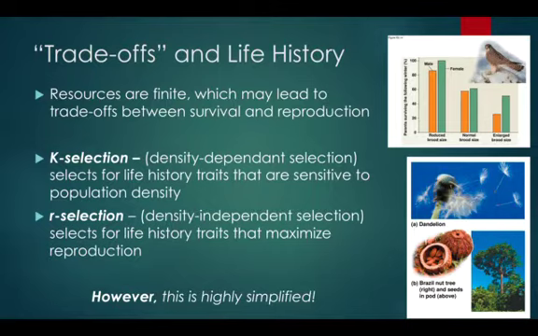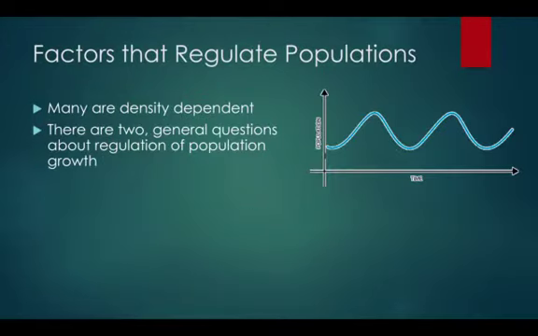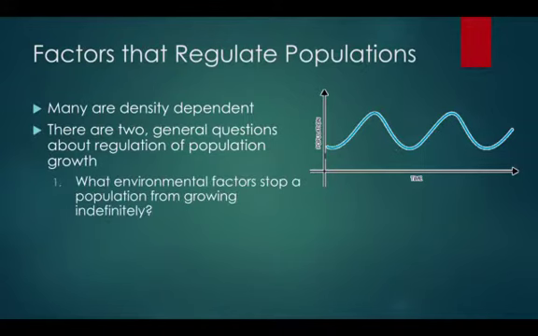So density dependent: how dense those organisms are is sensitive to the survivorship. Now, factors that can regulate populations. Many are going to be density dependent, and there are 2 general questions about the regulation of population growth. First off, what environmental factors stop a population from growing indefinitely?